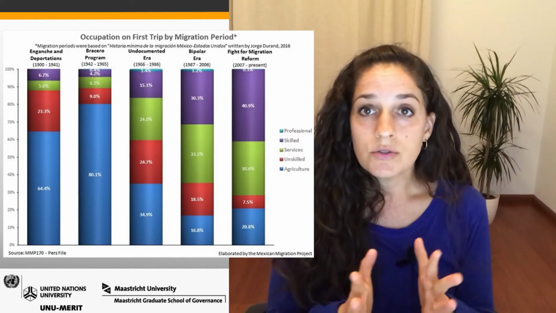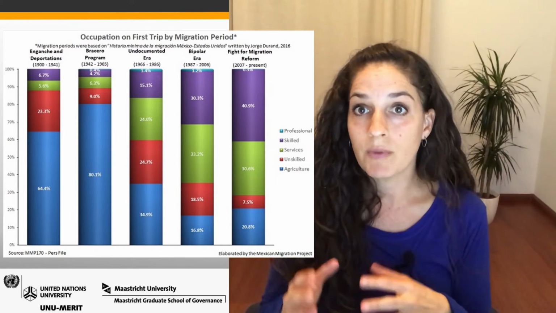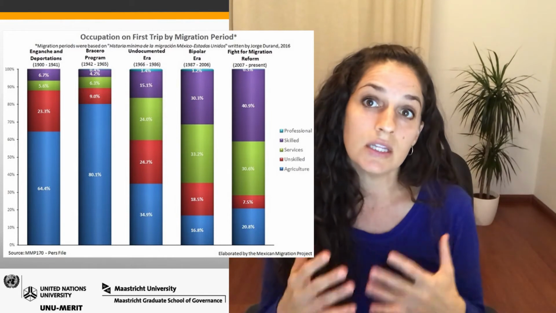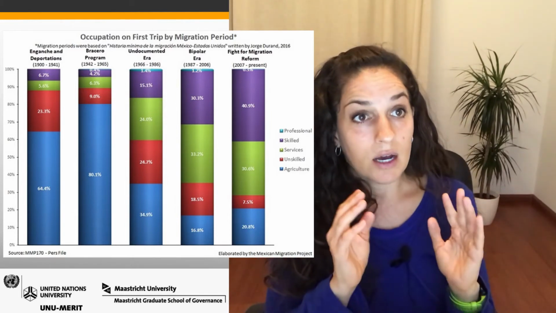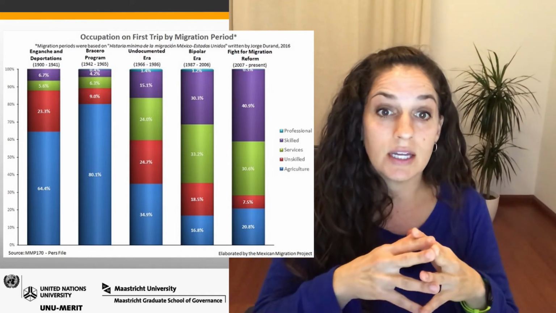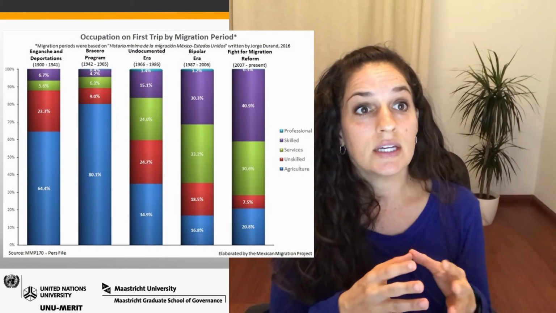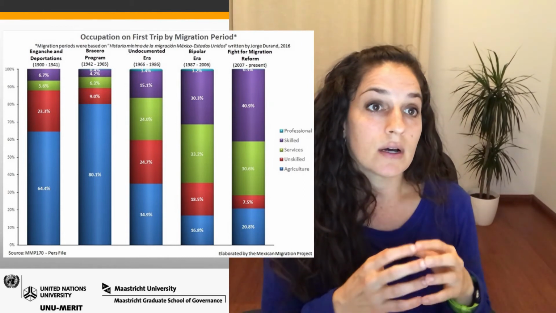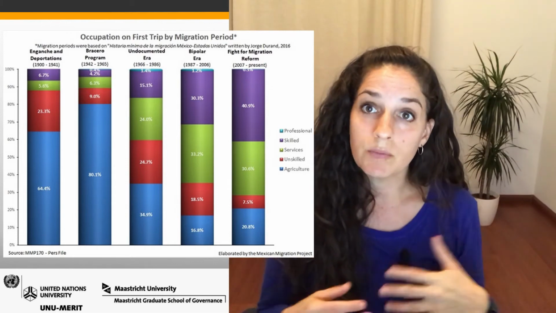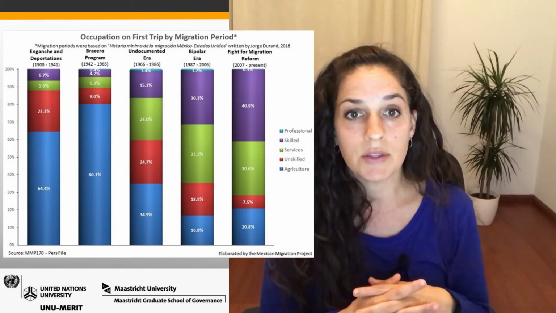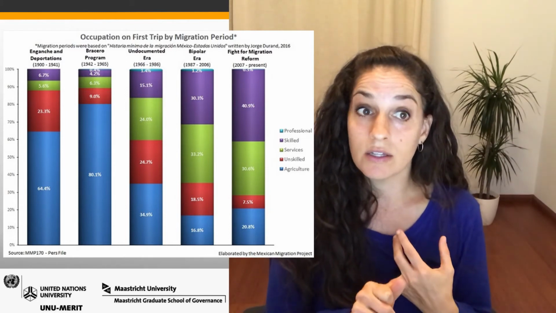Now, what we can also see is that at these different points in the migration history of Mexicans to the United States, we see them also having different kinds of jobs. Here in this graph, you can see data from the Mexican Migration Project. What you can see is from 1900 to 1941, the majority of the people who had been working at that time in the United States were really based in agriculture or as unskilled labor.